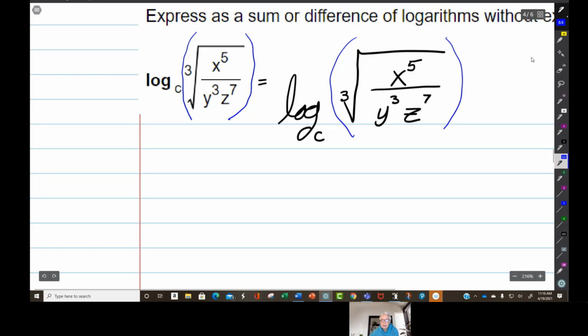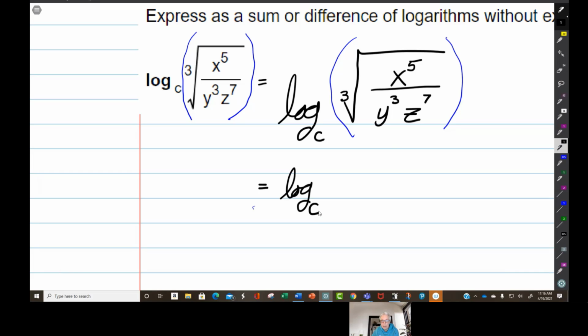Okay, and we're going to go one step at a time. Sounds like a 12-step group. We could do math in a 12-step format, because it would definitely be one step at a time. Log base c. Now watch what I do here.